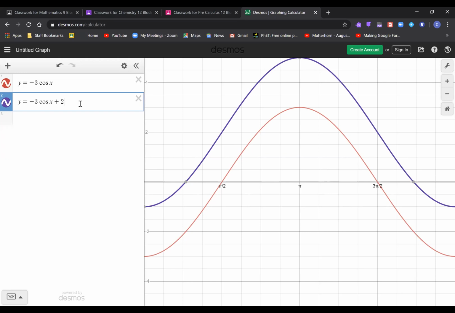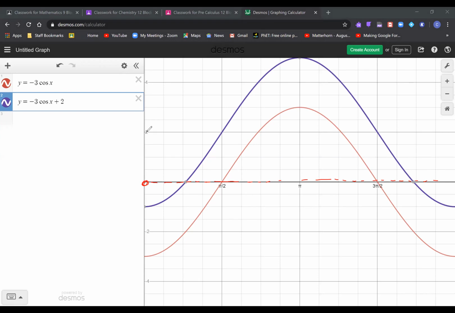Now notice there's a little bit of a difference between the two graphs in terms of where the midline is now. If you look at the red graph, the middle line here is at 0. But where's the midline of the purple graph? Well, it looks like it's also been moved up.